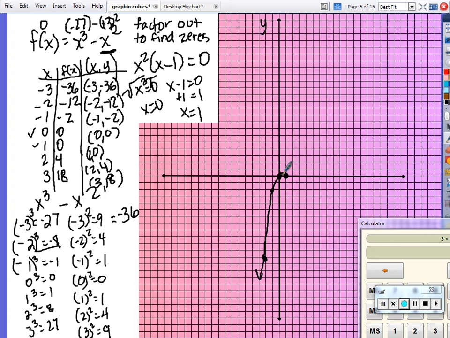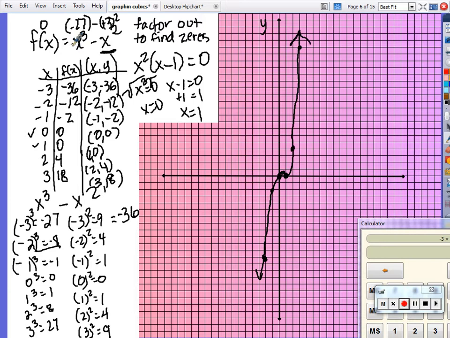So it's going to come up, and it's just going to come up a little bit. Right, and then 2, 4, and go like that, and it's going to come back up, and then 3, 18, 3, 6, 9, 12, 14, 16. Well, I'm close anyways. I don't think I graphed it exactly right, but there you go.